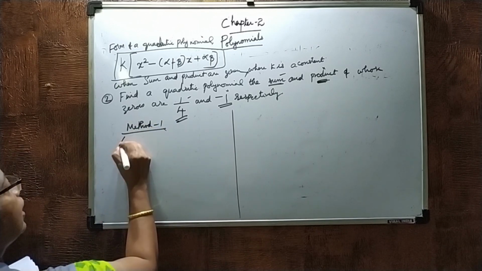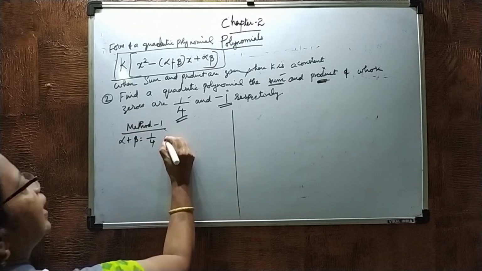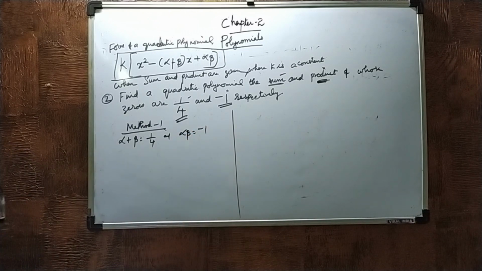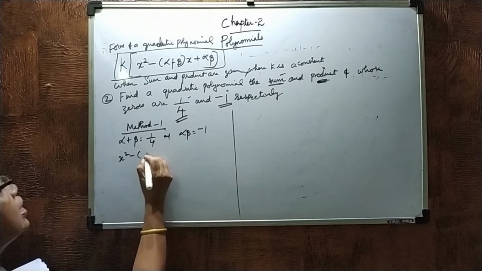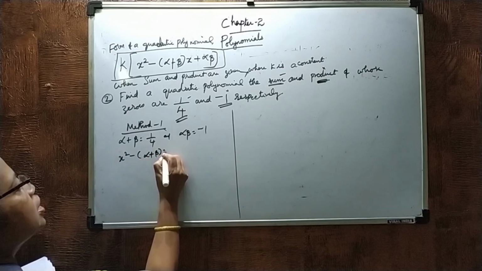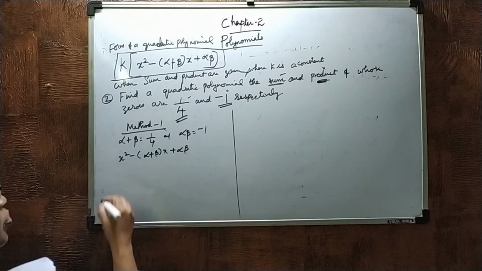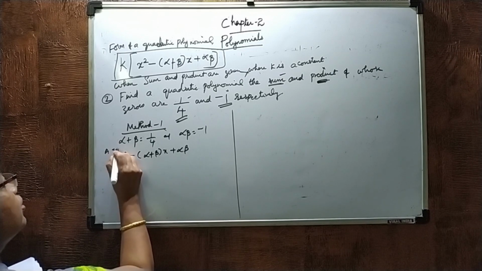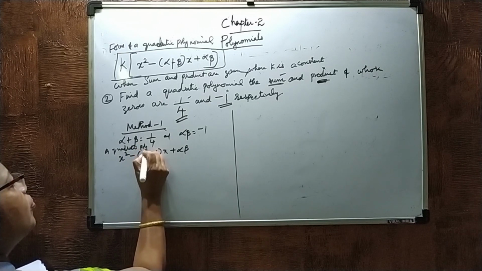Now here it is given that alpha plus beta equals 1/4 and alpha beta is equal to -1. So just write this: x square minus (alpha plus beta) into x plus alpha beta, the form of a quadratic polynomial.